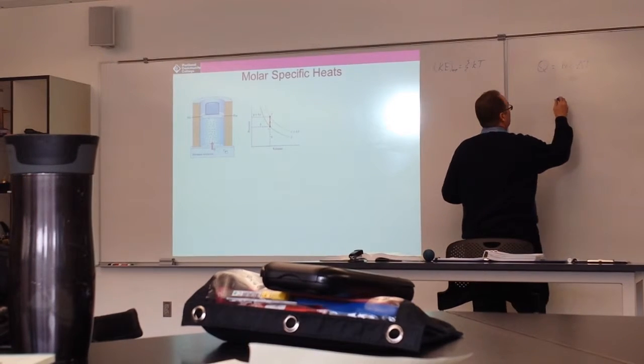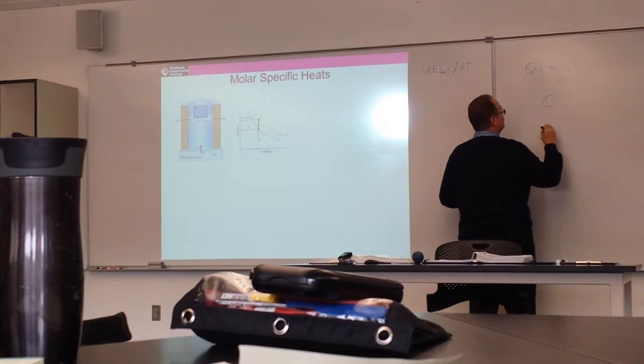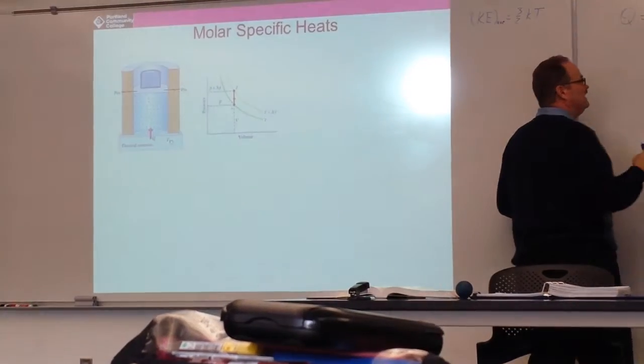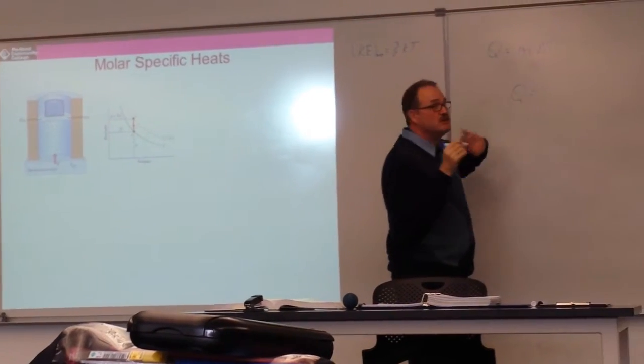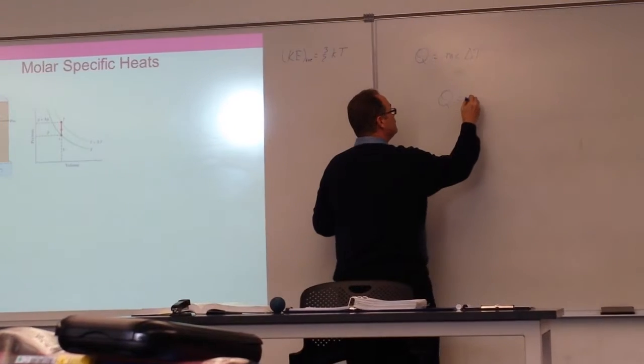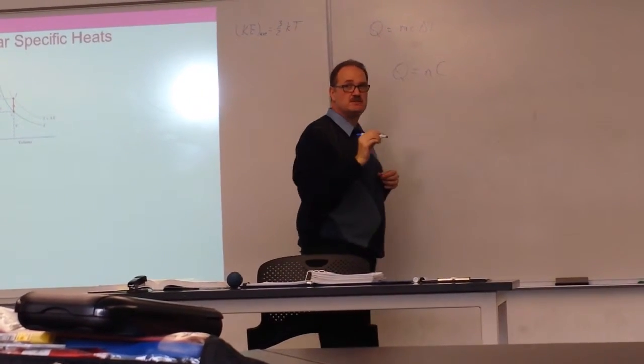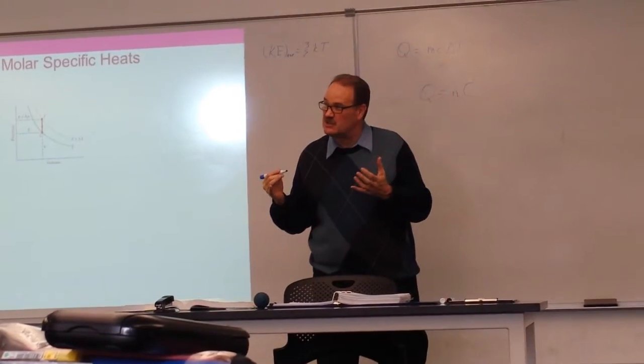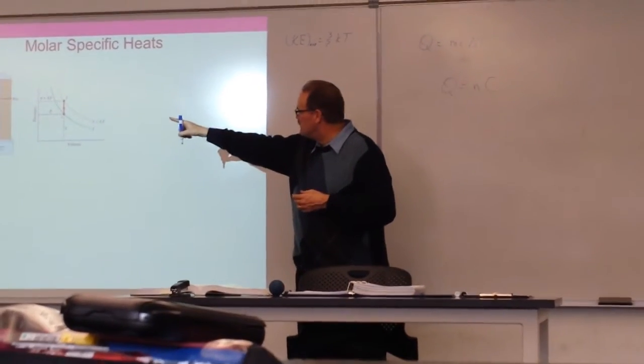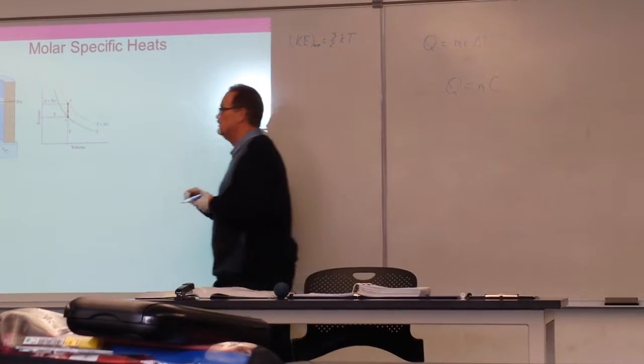So what we just saw in that last problem is that Q, the heat added, I'm going to rewrite this in terms of moles. So it's the number of moles times the molar specific heat, which we represent by a capital C. This molar specific heat is done at constant volume, so the volume does not change.